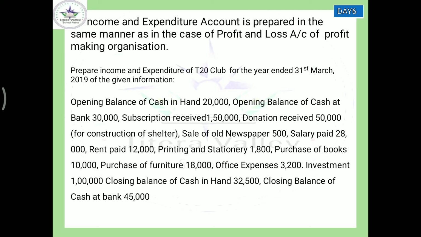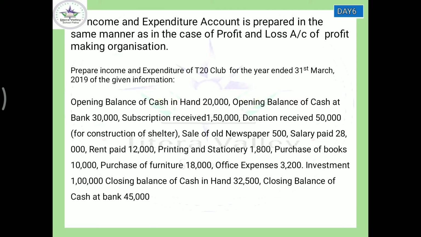The opening balance of bank overdraft is relevant for the opening balance sheet. Revenue nature payment will be treated as expenses and shown on the expense side. Capital nature payment is either for increasing the value of fixed assets, or reducing liabilities like payment to creditors. And the closing balance of cash will be treated as an asset for the closing balance sheet.